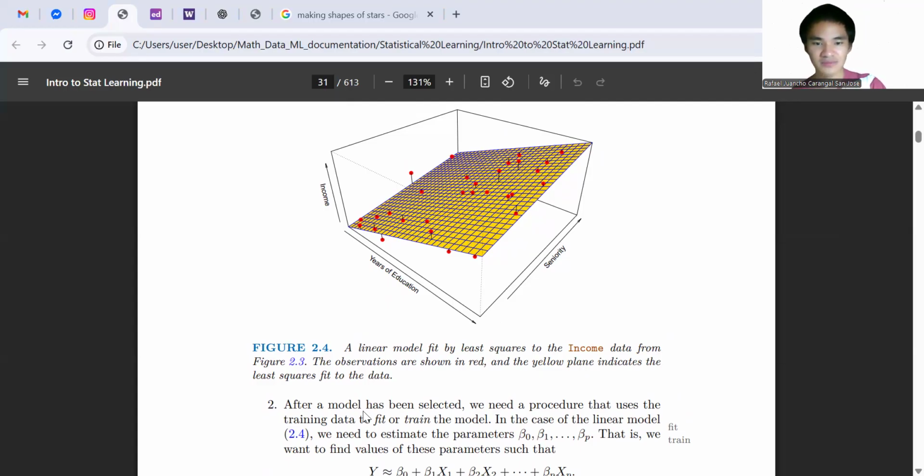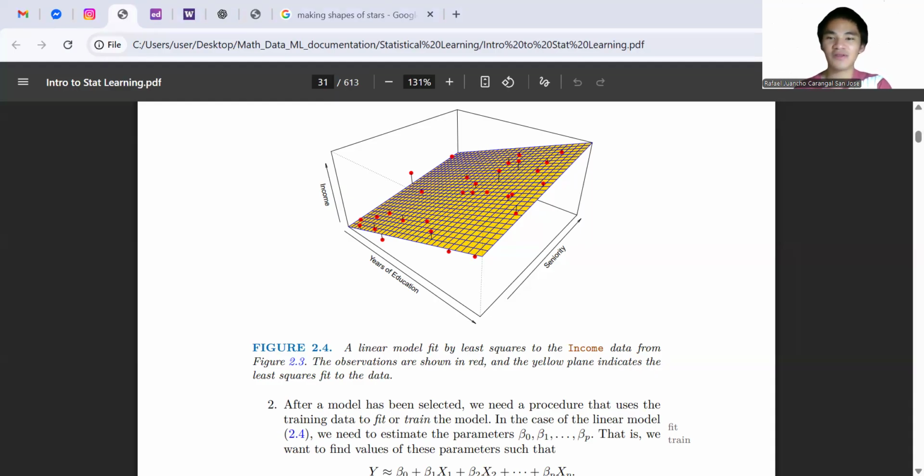But this is a line in 2D. In this case, it's a plane. And we used a least squares method to do that. I did talk about it a bit in my scientific computing series, but not too in depth. It's more of just getting the intuition of how to fit some curve or some shape or something to the data.